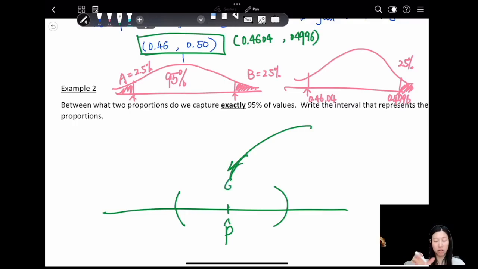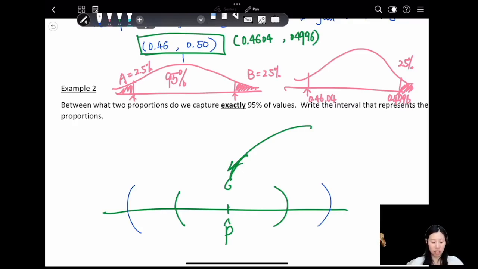This fish net, we call it a confidence interval. The bigger the fish net that we use, the better chance that we will catch the fish. That means when the upper bound and lower bound are farther apart, the range is bigger, and the percentage of catching the fish is going to increase.